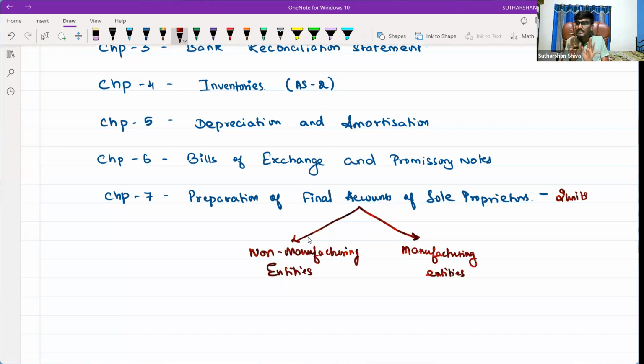Or let's put it this way: this is based on trading activities, and this is based on manufacturing activities. If I say trading, it is merely purchasing the goods and selling the goods. If it is manufacturing, I need to produce the goods and then make a sale. From this, I will get a profit. That may be a sale to the wholesaler or the retailer, as the case may be. So coming back, these entire 7 chapters comprise your module number 1.